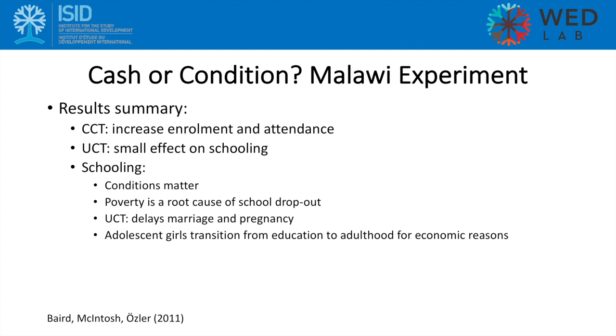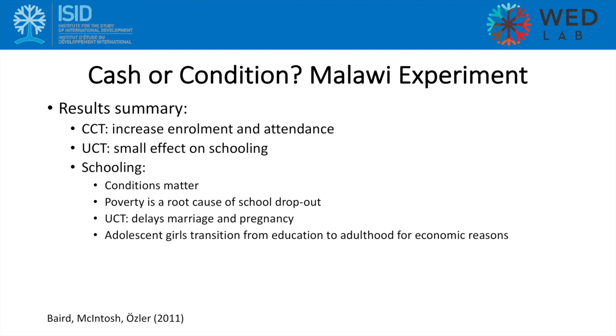This is unconditional cash transfer. Even if it's not conditioned directly on schooling, it goes to show that it can have some huge impacts on minimizing early marriage and early pregnancy, which, by the way, is also a reason why girls drop out of school, right?